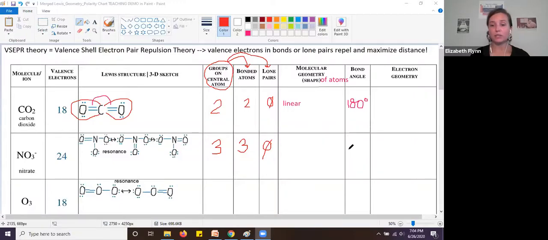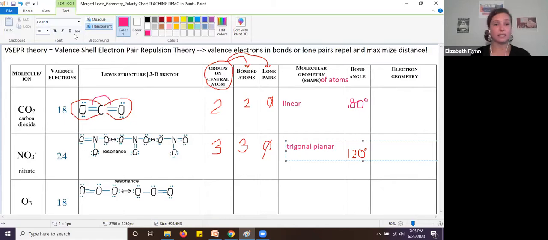So trigonal planar. We call it that, and the bond angle is 120 degrees, like you told me. Oops, I drew that in red. That's okay. So trigonal planar.